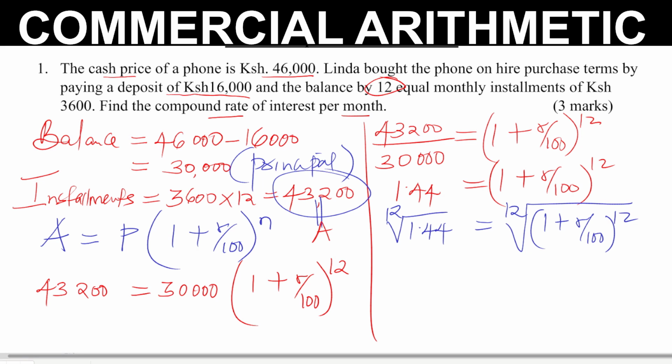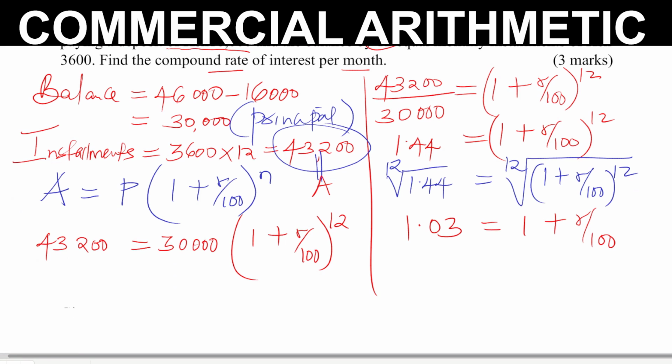So when we get the 12th root of 1.44, that will give 1.03 is equals to, on the right hand side, we remain with 1 plus r over 100. So we want to remain with r, so we can take 1 to the left hand side.